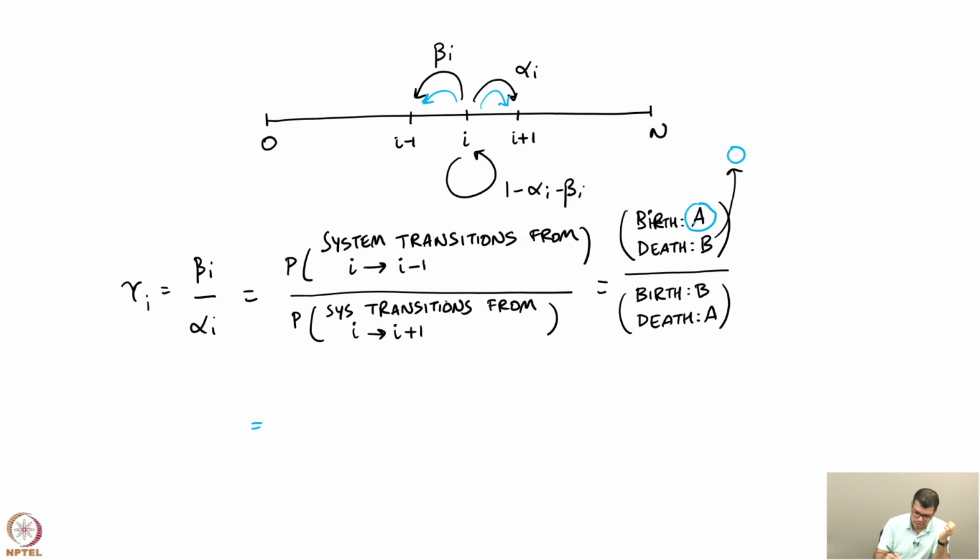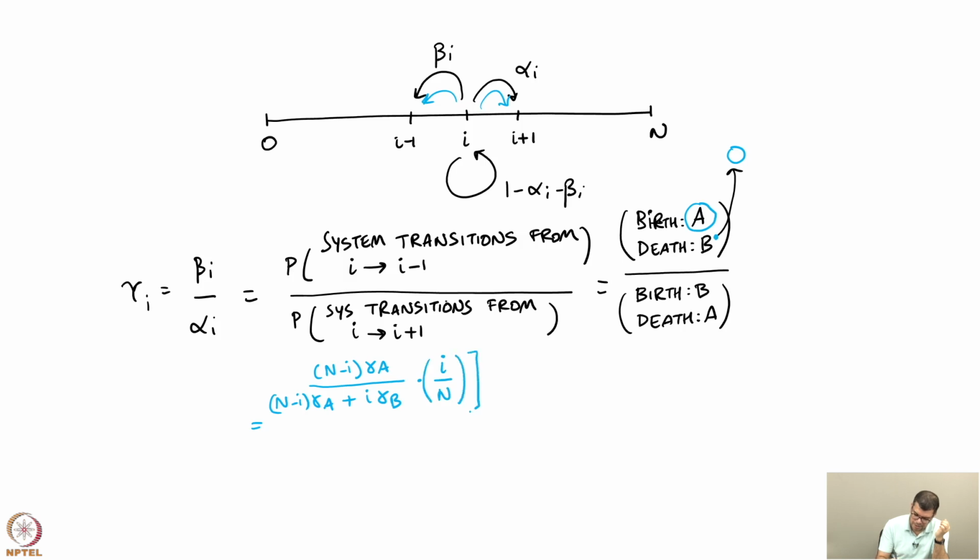So, the birth term probability is simply going to be n minus I times R A divided by n minus I times R A plus I times R B. The probability of death of a mutant type is simply going to be proportional to the number of mutant individuals that exist in the population at the time, which is simply going to be I upon n.